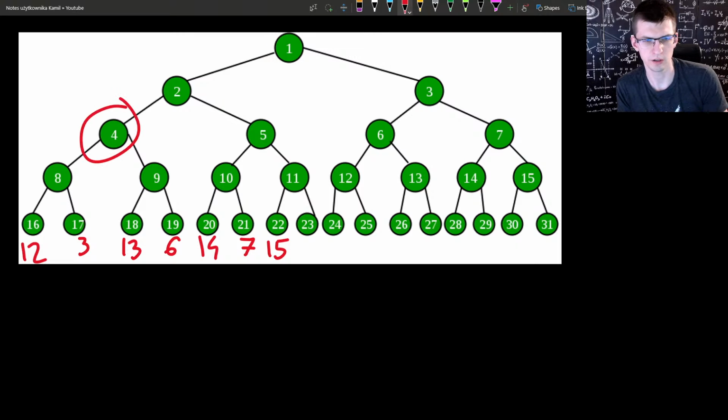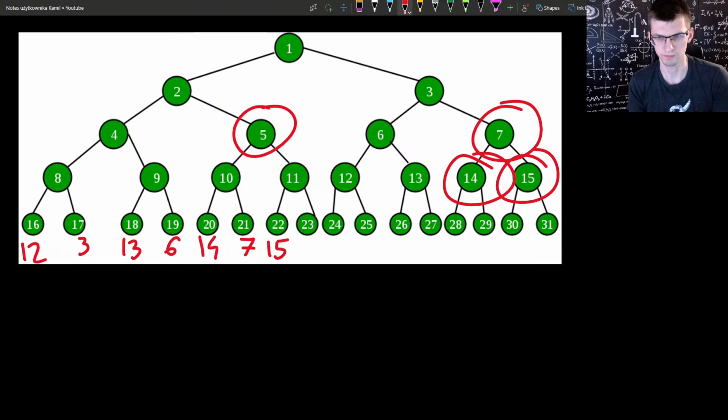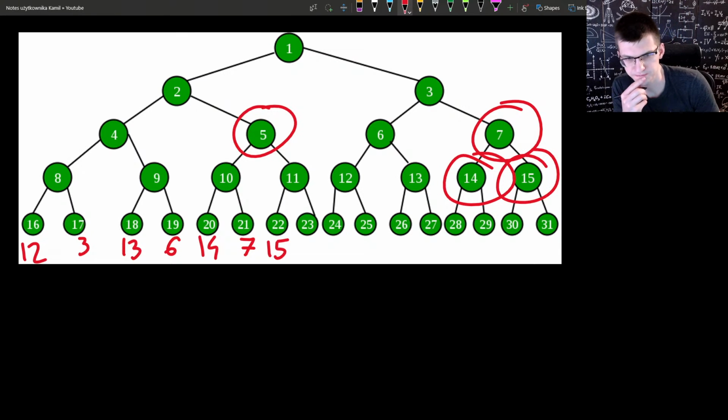What about starting from 4 or starting from 5? I have here edges to 7, 14, and 15. That seems very dangerous. What if I want to get there?